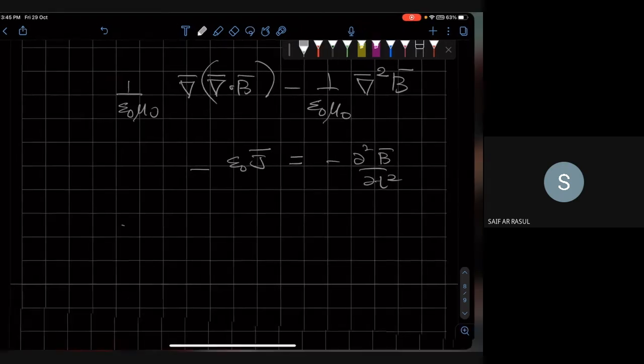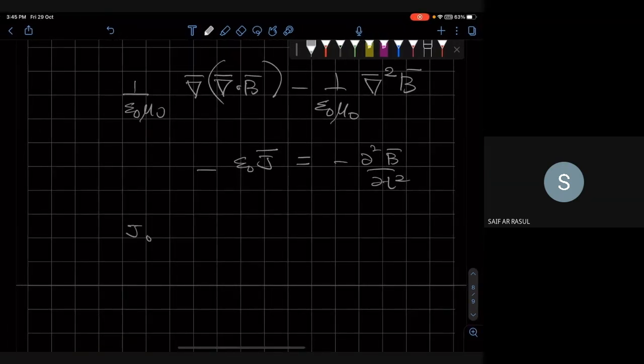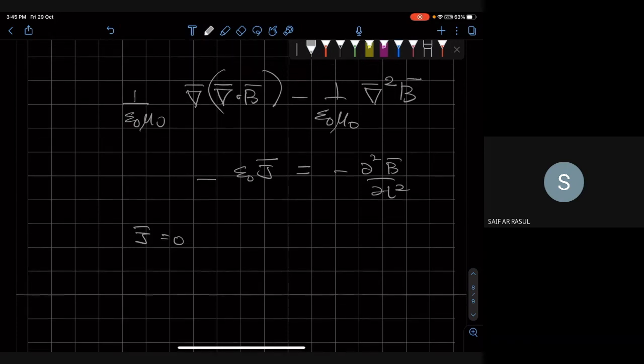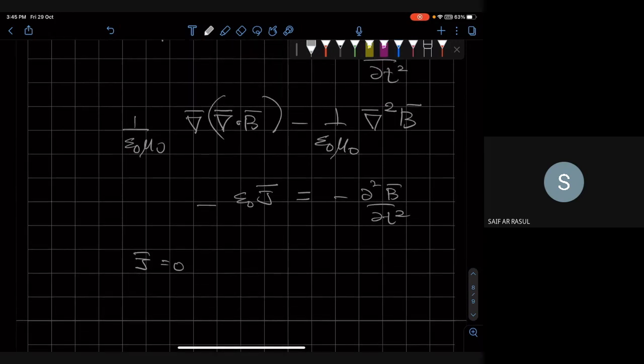So let's put the source equal to 0, because we know that magnetic and electric fields can propagate in the vacuum far away from sources. So we don't need a current. And then the divergence of B equals 0 gets rid of this term.